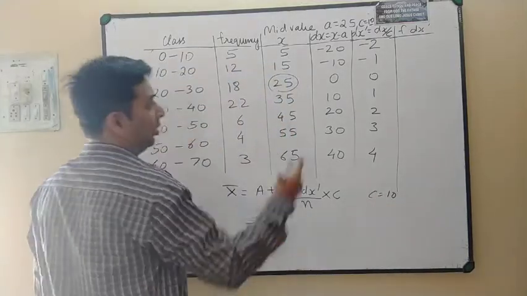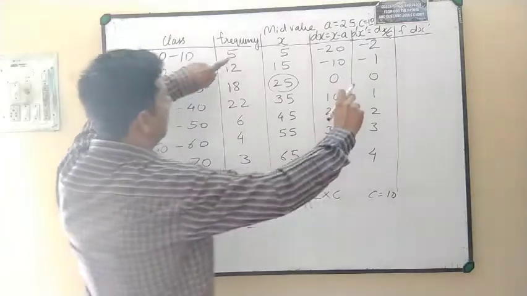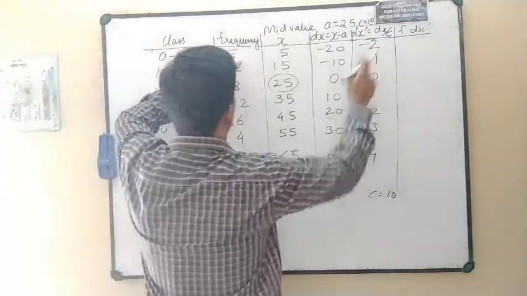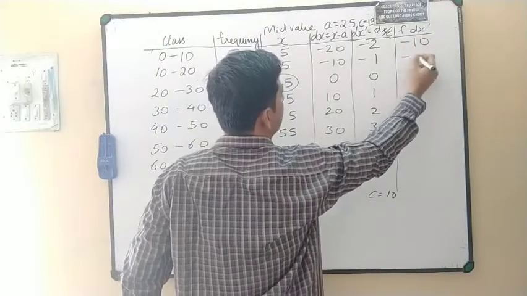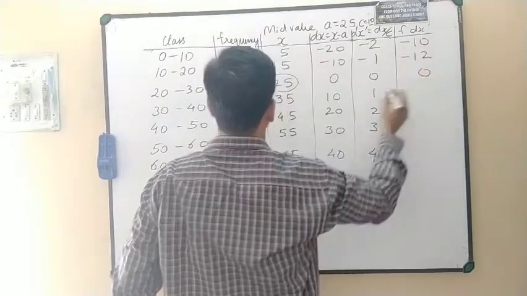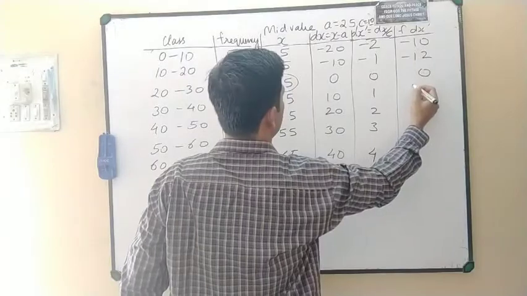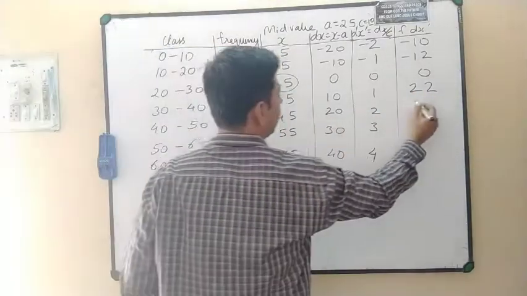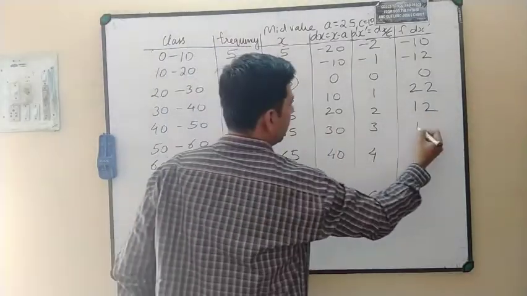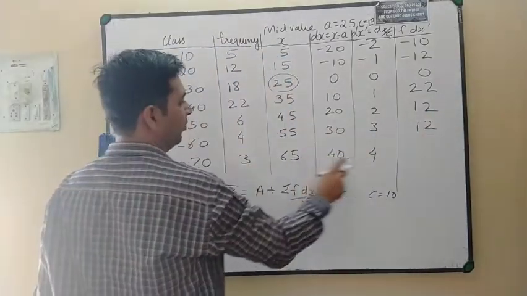First we'll calculate f into dx dash. So 5 and 2, it will be minus 10. Then minus 12. This is going to be 0. Then 22, then 12. Again 12, 3 4s are 12. Then 4 3s, again 12.